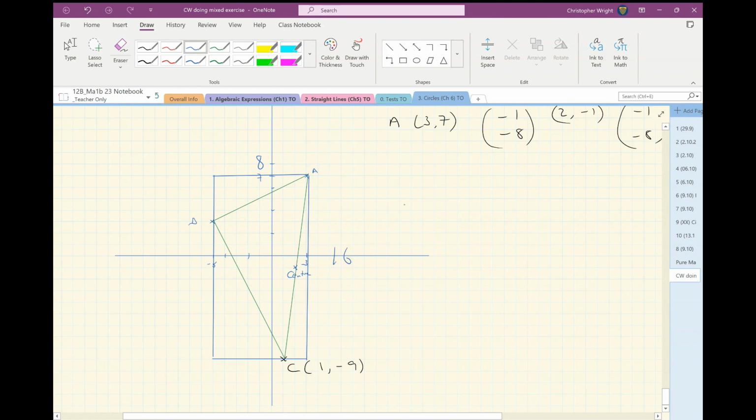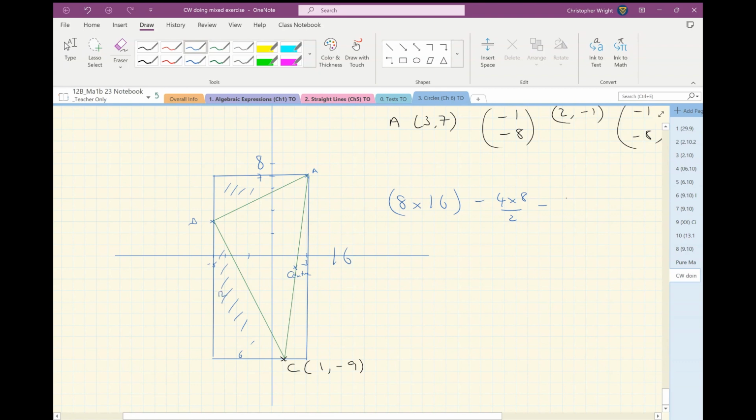So the area of the whole rectangle is 8 times 16, and from that I'm going to subtract the area of this triangle here, which is 4 times 8 over 2. I'm also going to subtract the area of this triangle here, which is 6 by, it goes from -9 up to 3, that's 12, isn't it?